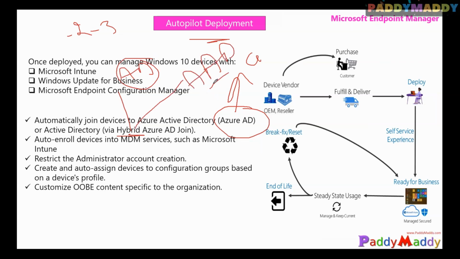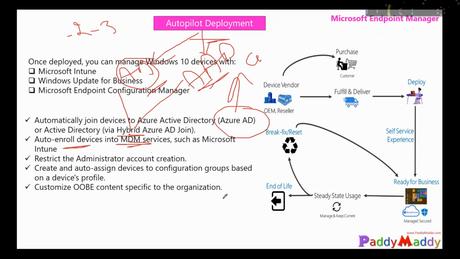Now I'm talking about the domain join. Earlier, I was talking about just the high level view. Now, this Autopilot can give a solution for your on-premises Active Directory. Also, it can join to your Azure AD, meaning you can definitely manage from the MEM console or your Intune console, right? It can automatically enroll your devices. That's what I'm trying to say here.